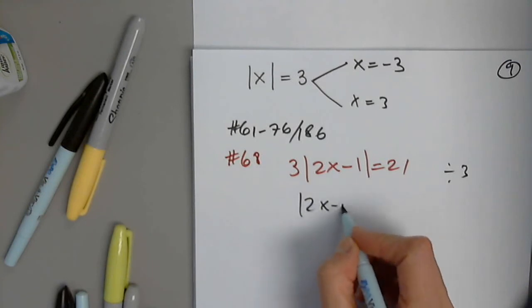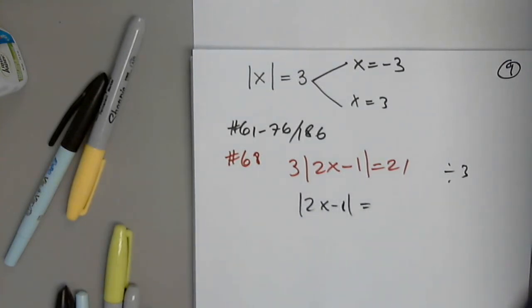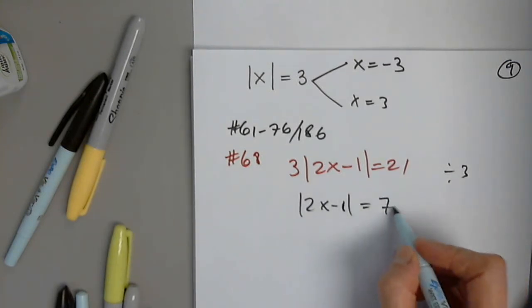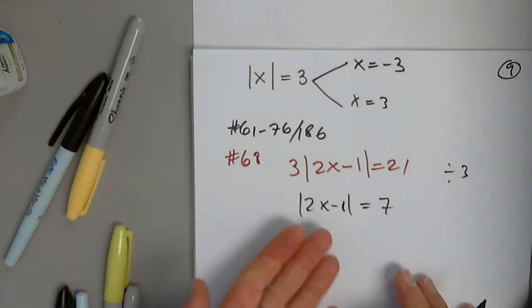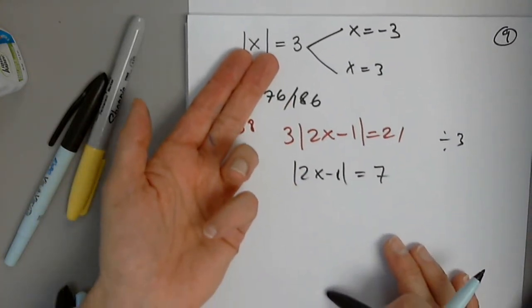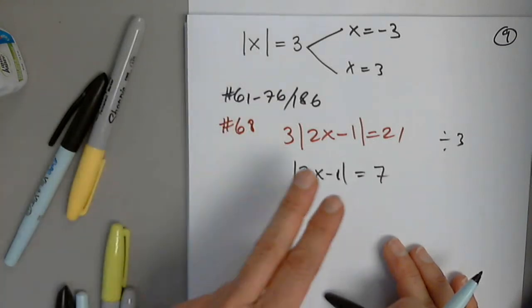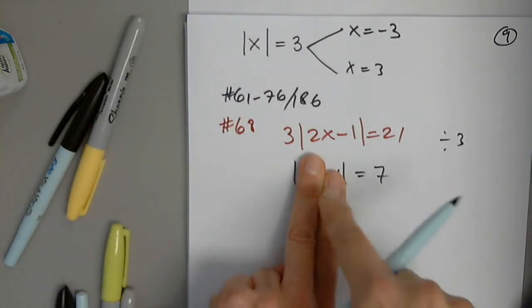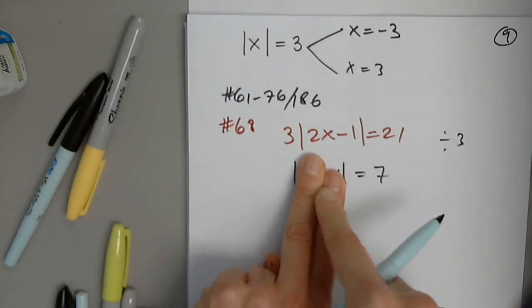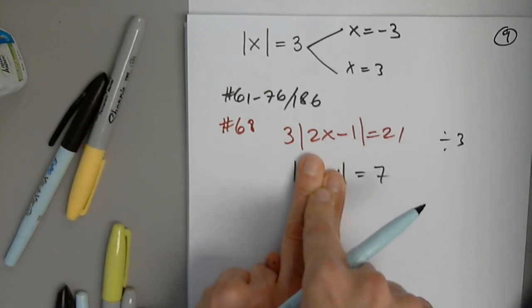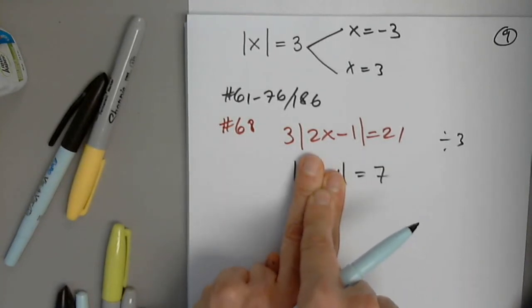So I have the absolute value of 2x minus 1 equals 7. Perfect. All I have to do is mimic what we just said a few minutes ago about a simple absolute value equation. What are the options for this number? -7 or 7. That's it.